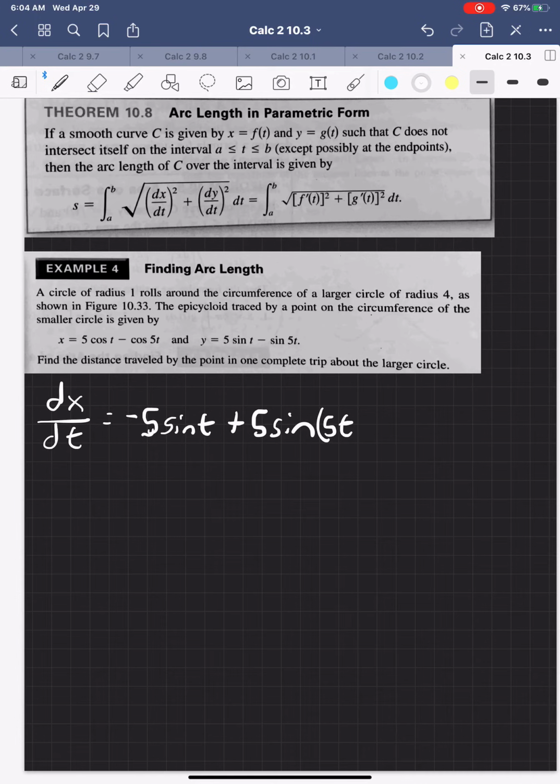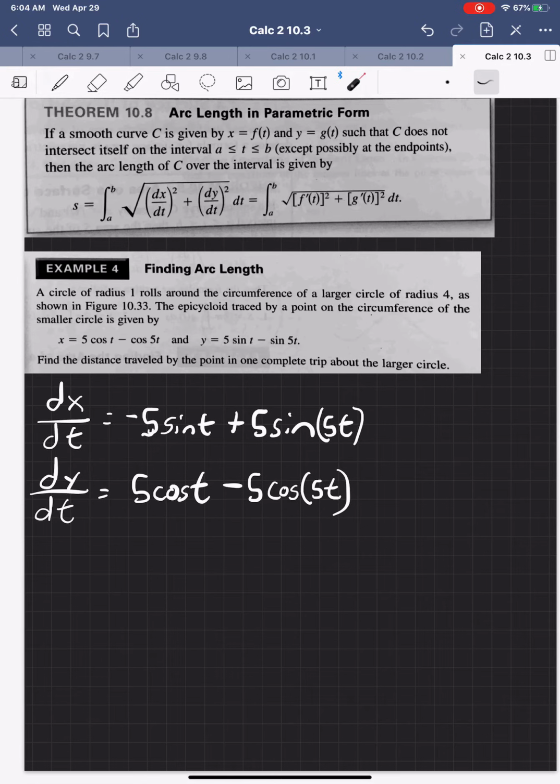And then dy/dt: the derivative of sine is cosine, so that's 5 cosine of t, and the derivative of sine is negative cosine, so that's minus 5 cosine of 5t. Notice that we're going to take the square root of (dx/dt) squared plus (dy/dt) squared.